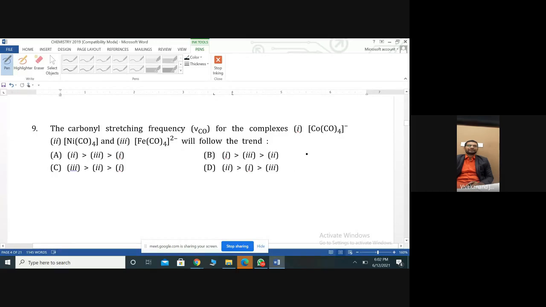They'll give 3 complexes, and among these 3 complexes you have to say which one has the highest carbonyl stretching frequency. Which series have they given correctly, whose carbonyl frequency will be higher, that is the question. Any idea?